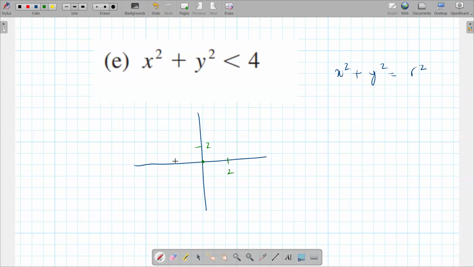So we go 2 units in all 4 directions. So this is our circle right now. What does the new function need to have? The y values need to be less than 4. So is it inside the circle we shade or outside the circle? Inside. Inside the circle is right. And that's the answer. Cool? Very, very simple.